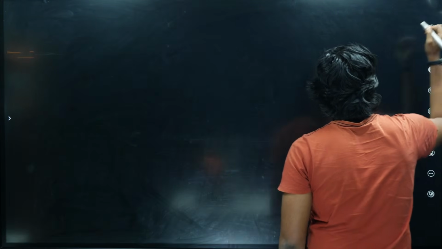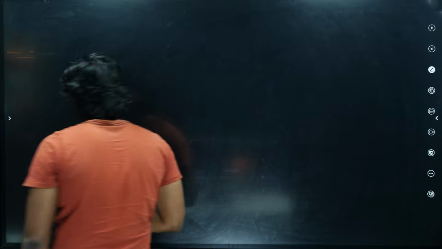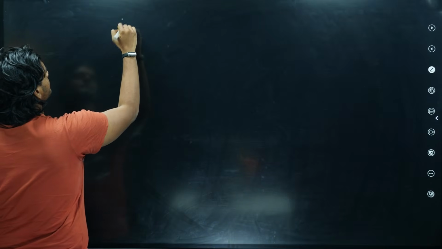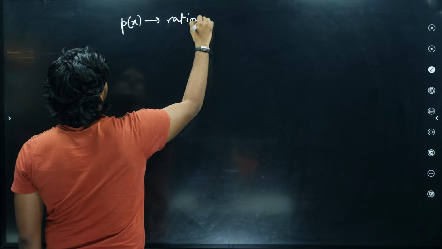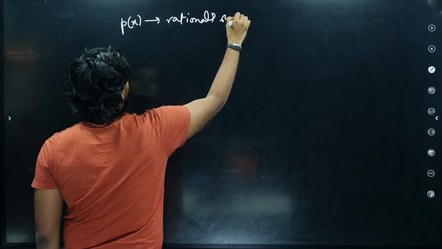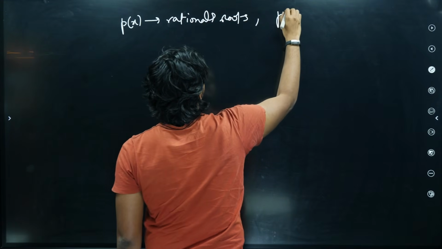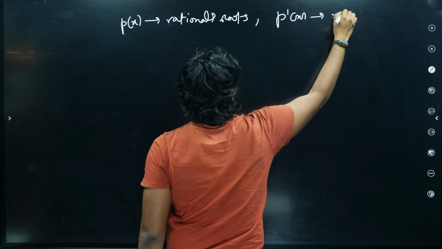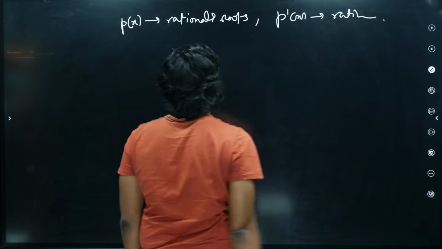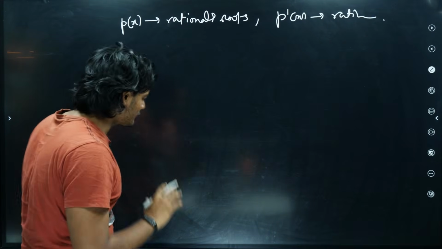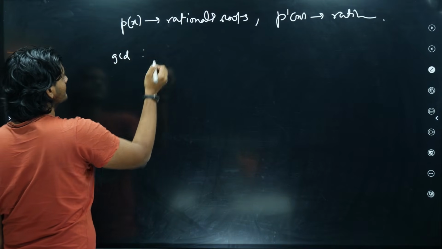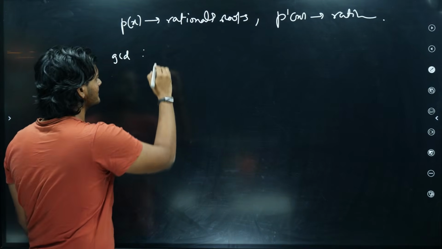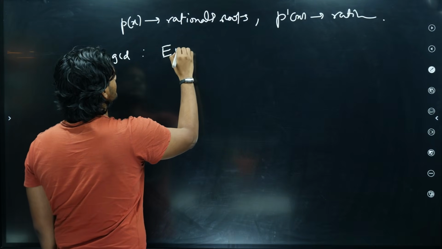Interestingly, you see p of x has rational coefficients and p dash of x also has rational coefficients, obviously. And to find the GCD, which method do we use? The Euclidean method, right?